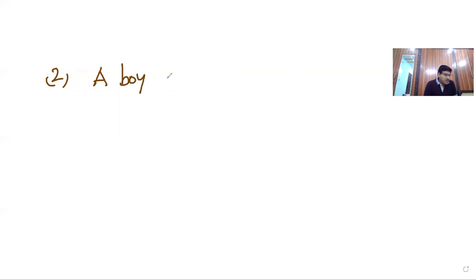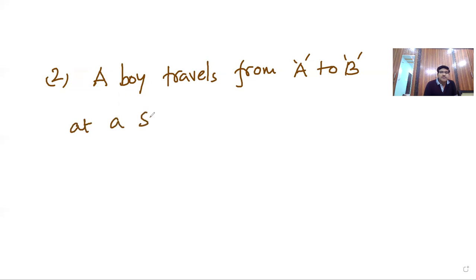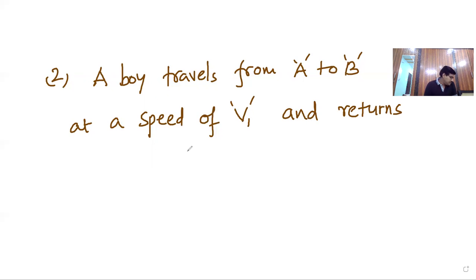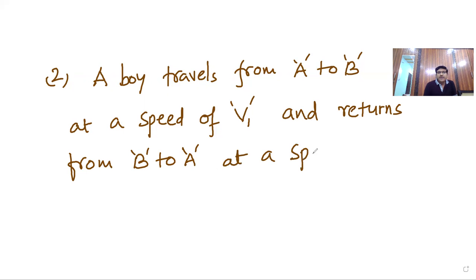A boy travels from A to B at a speed of v1 and returns from B to A at a speed of v2.